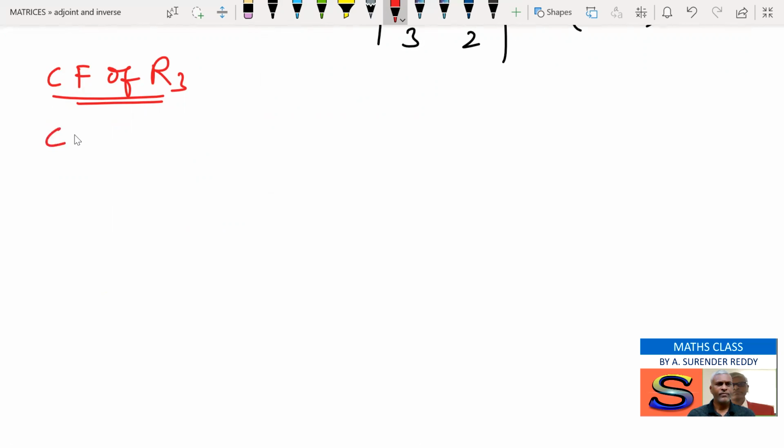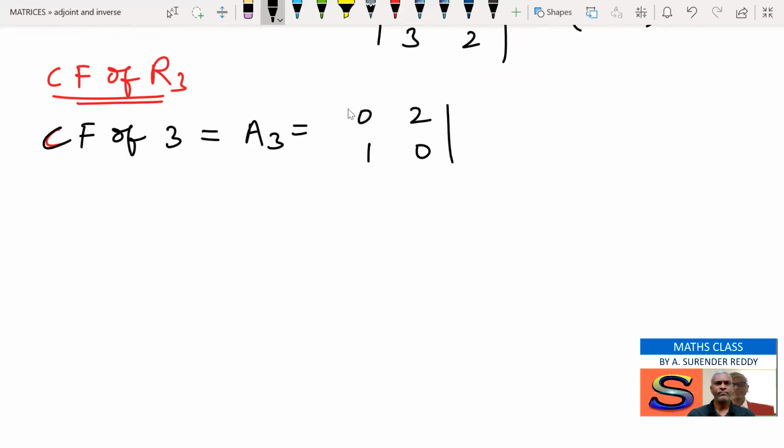Now, cofactor of 3, let it be A3. Eliminating the row and column, 0 2, 1 0: 0 into 0 minus 2 into 1, that is minus 2.